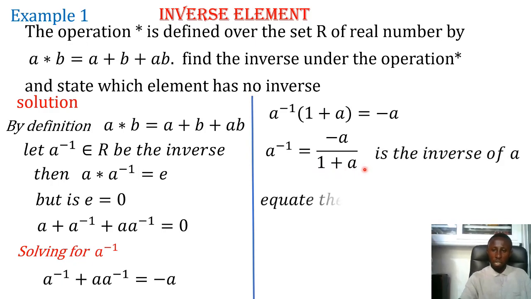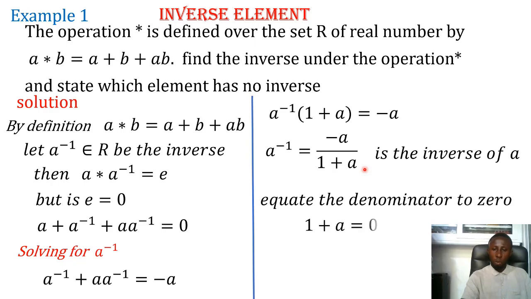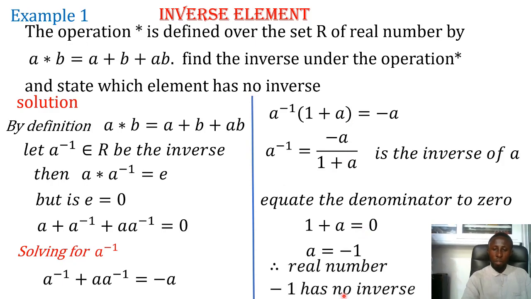This is the inverse of A. You set the denominator to 0, you have 1 plus A equals 0. Therefore, our A is -1. So -1 has no inverse, because if you put -1 here, the denominator will be 0. So that's why the real number -1 has no inverse. As easy as that.